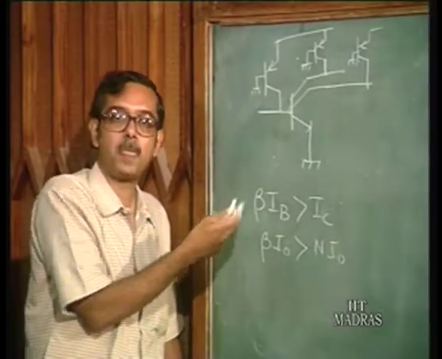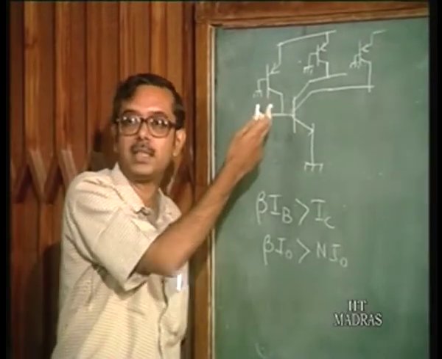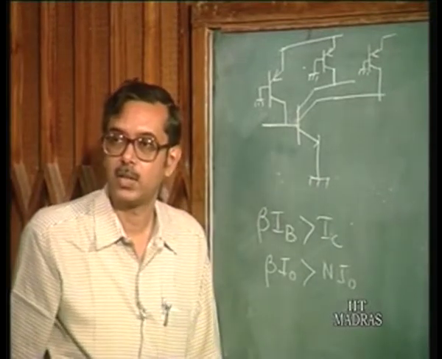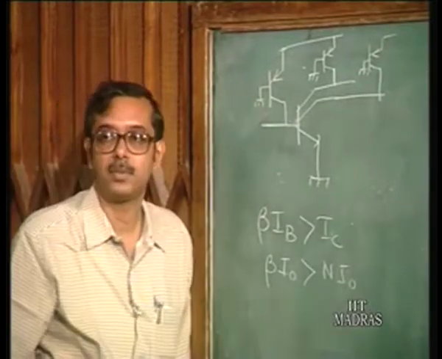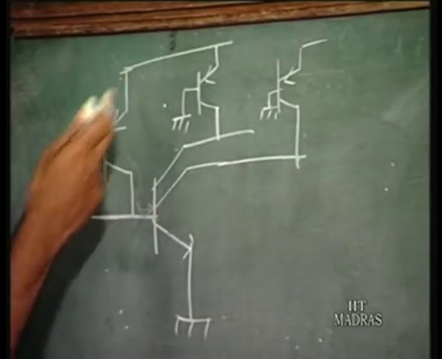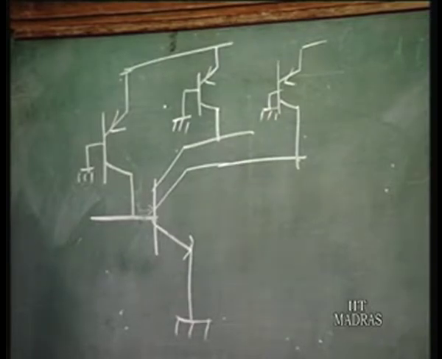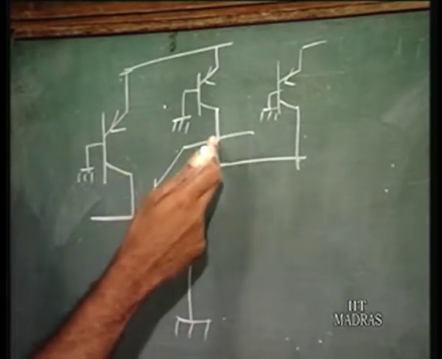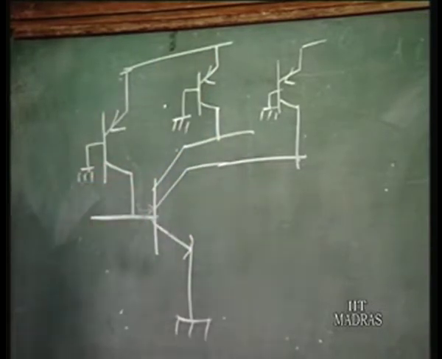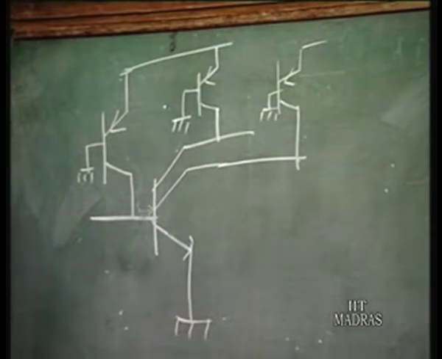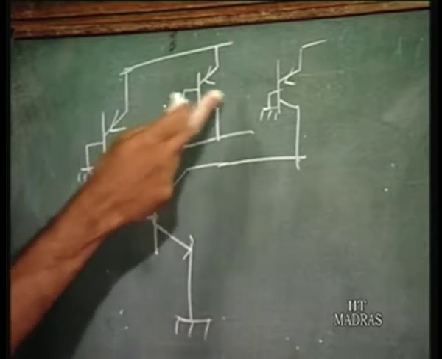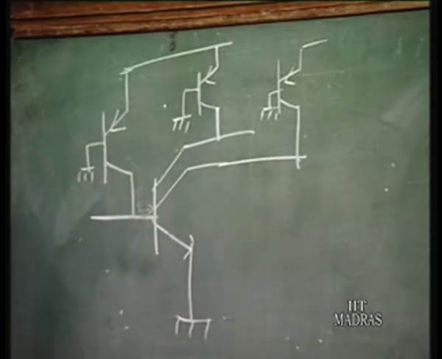When the transistor goes to saturation, the effective beta is quite low. So this is not behaving as a good current source. The collector current will not be the same as the emitter current for this one. Whereas for these transistors, since this voltage is low, this is going to have larger current. So basically the base current is depleted because this transistor is in saturation, whereas this current is high.